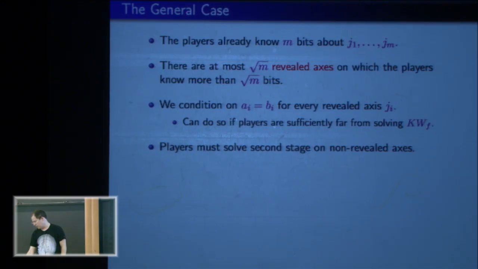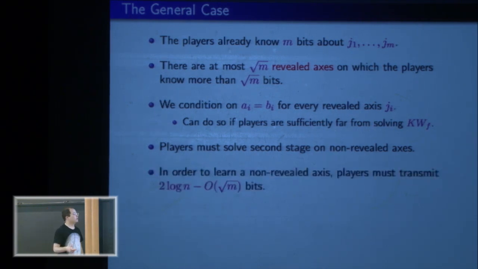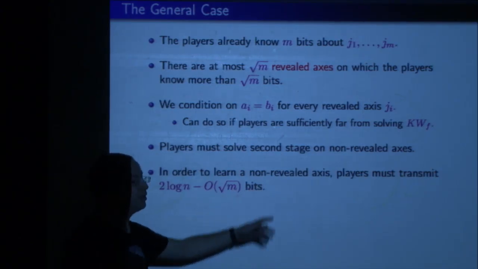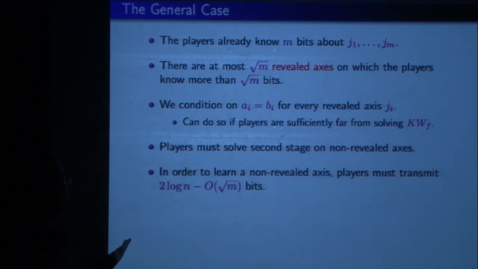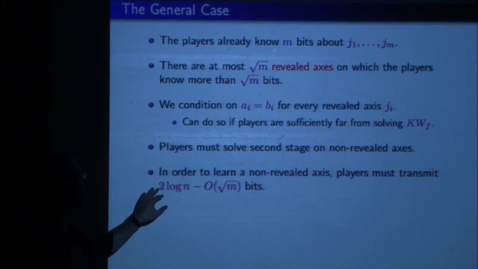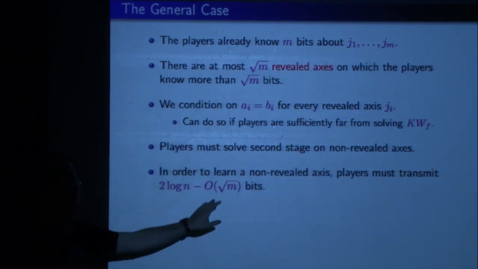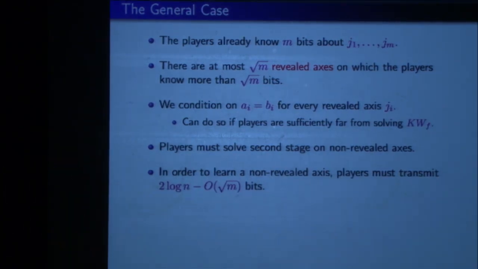And now after we did this conditioning, the players must solve the second stage on one of the non-revealed axes. And in order to learn a non-revealed axis, using the argument we did before, they must transmit 2 log n minus O of square root m bits.